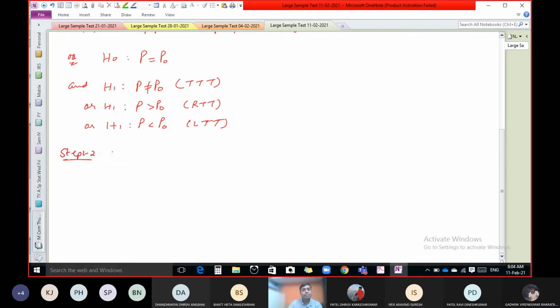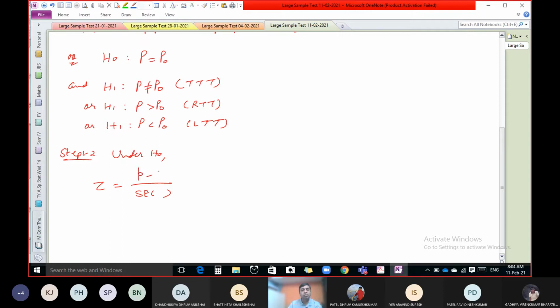Step 2, under H naught. Our formula of Z for the first test was like this, but instead of mean, you have to use the word proportion.